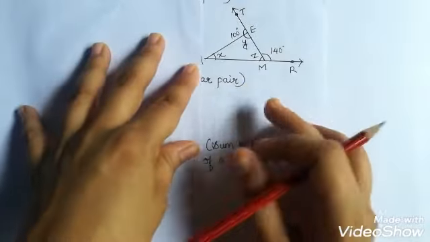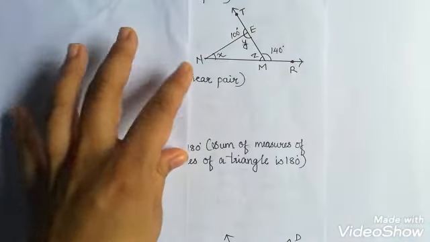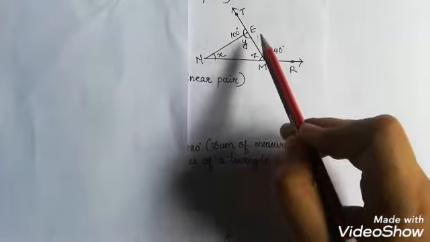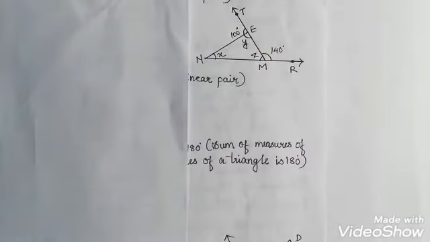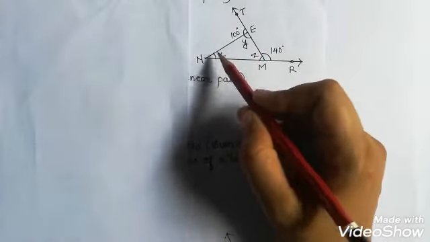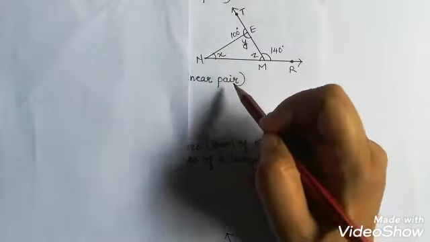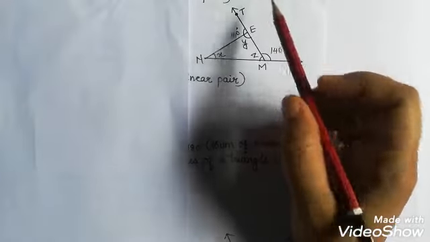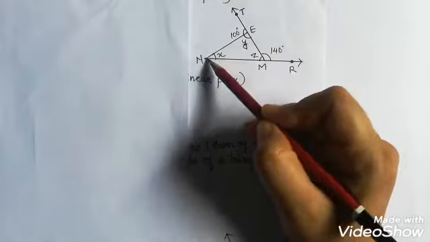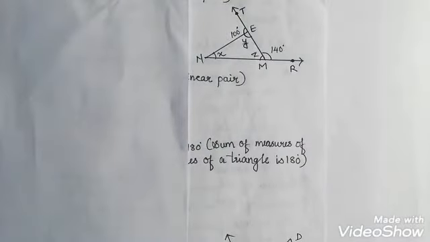Now if we see the figure, we have to find the value of x, the value of y and the value of z. Right? In the figure I can see angle TEN is given to us as 100 degrees.